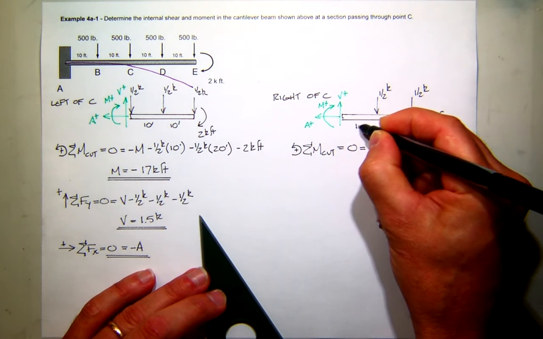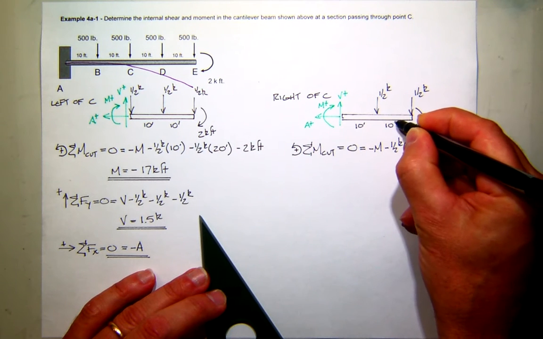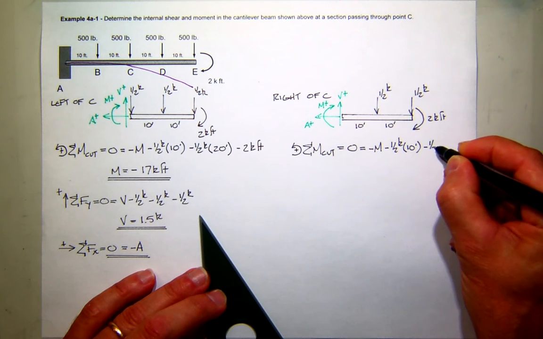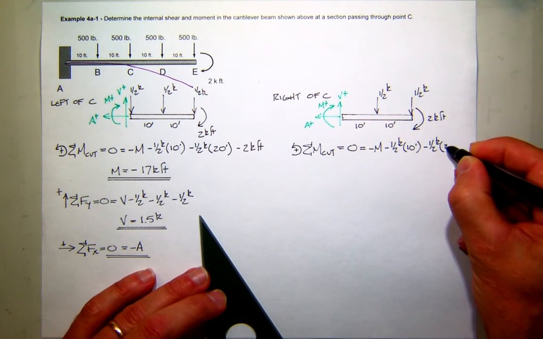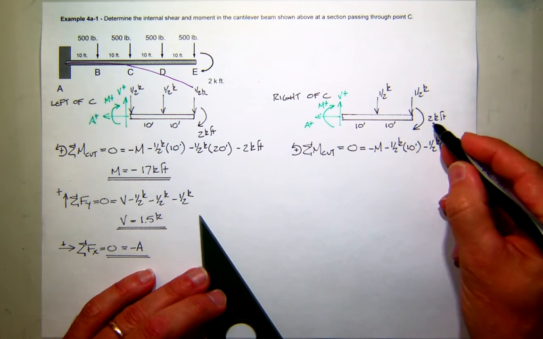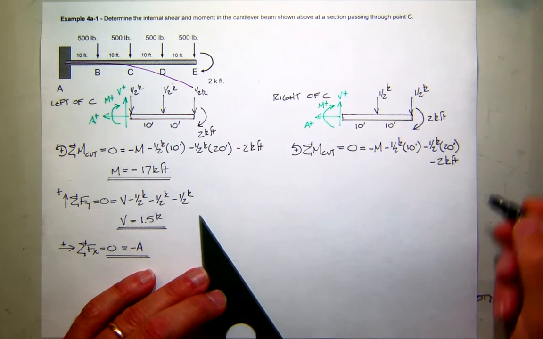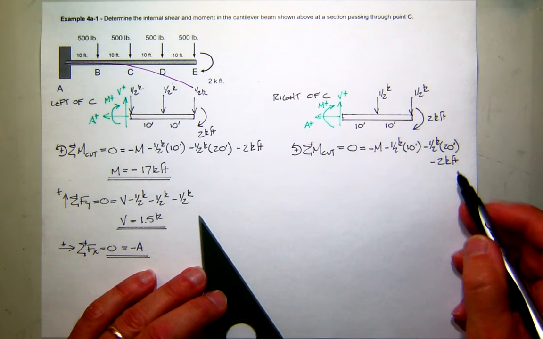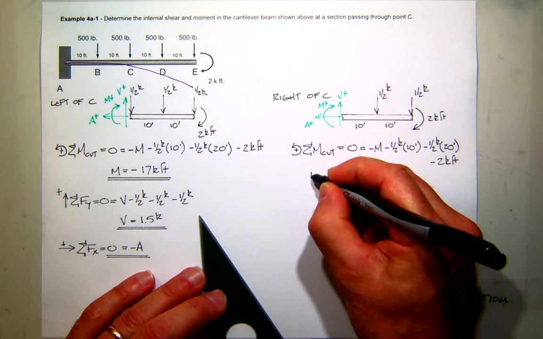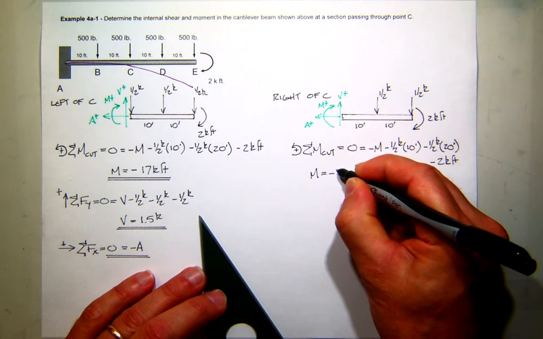Oh, I left off my unit, sorry. And then half a kip force at 20 feet. And at the very end, I have that 2 kip-foot moment applied. So when I solve for the moment, what do I get? Negative 17.